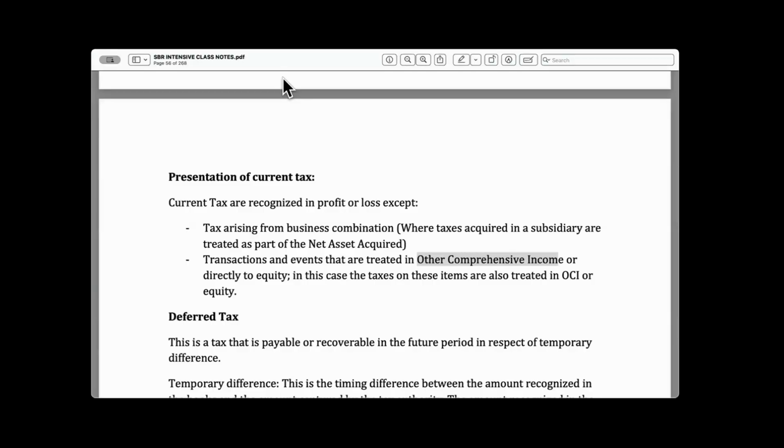Number one is that you're expected to settle on a net basis. You have an understanding with the counterparty that this transaction would be settled on a net basis. You have already agreed with them, or you have a legal right to offset.